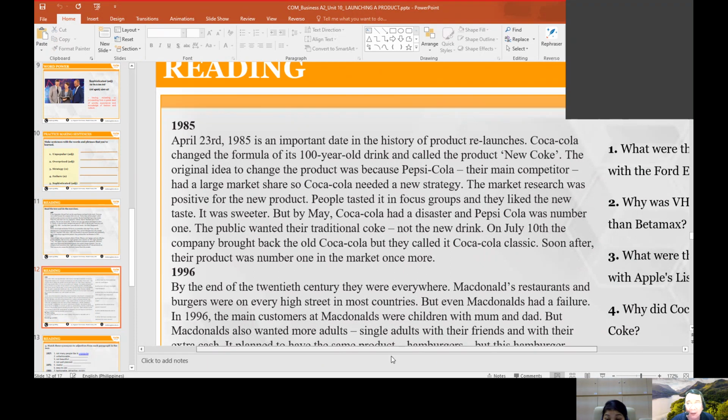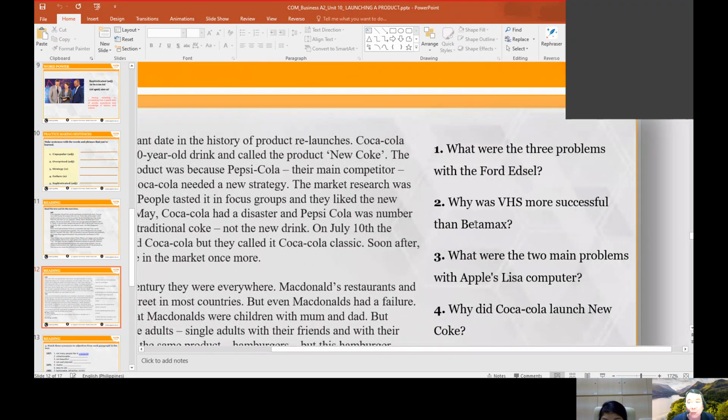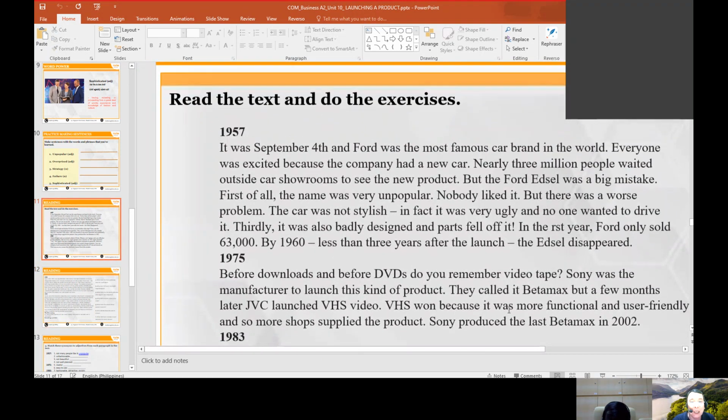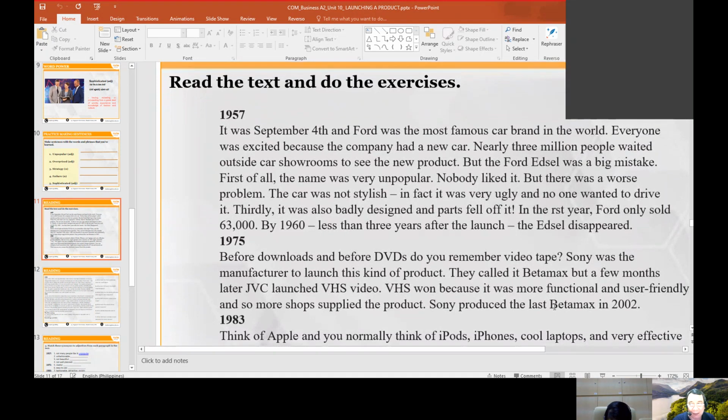Why was VHS more successful than Betamax? So what's the reason? Why did VHS become successful compared to Betamax?